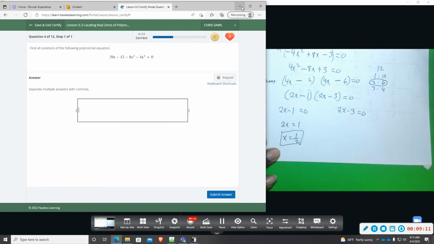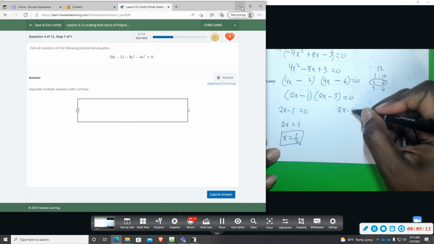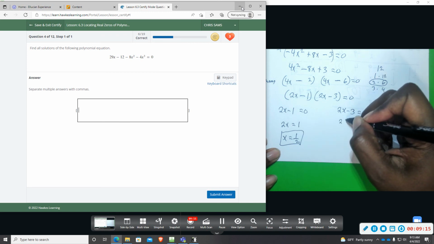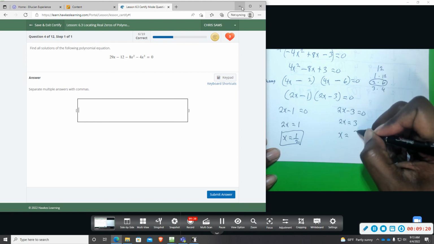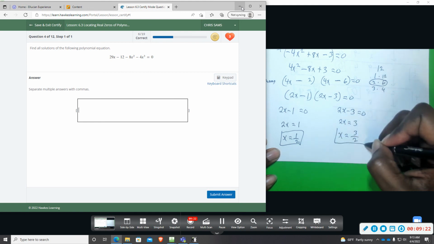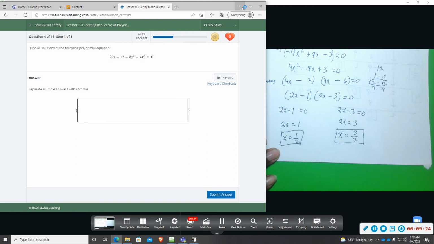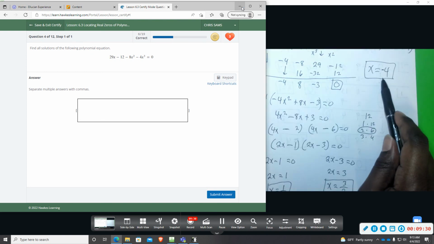That is one of our numbers up there. And then add 3, and then divide by 2. And this also is one of our possible zeros. So 1/2, 3/2, and we also found that -4 worked.